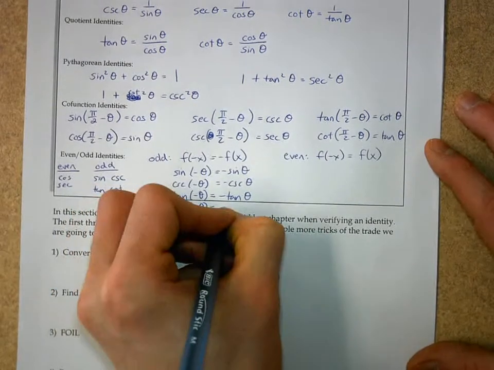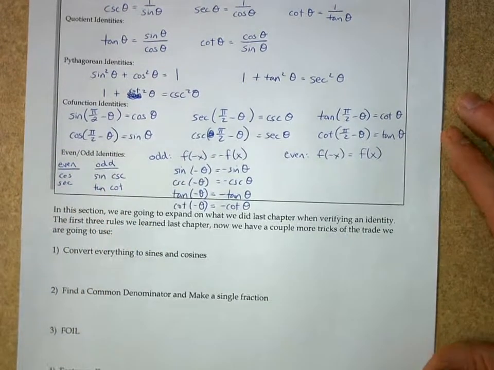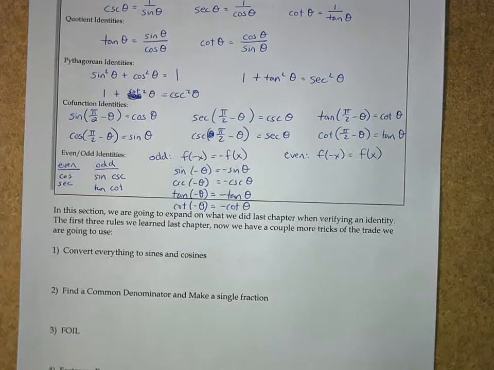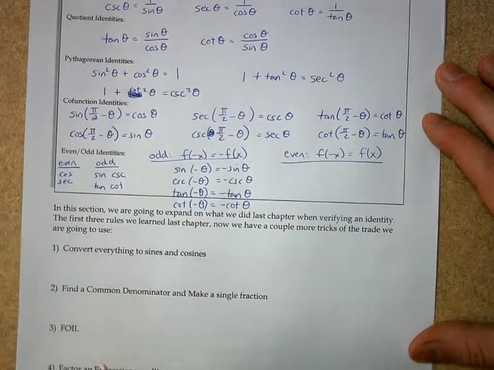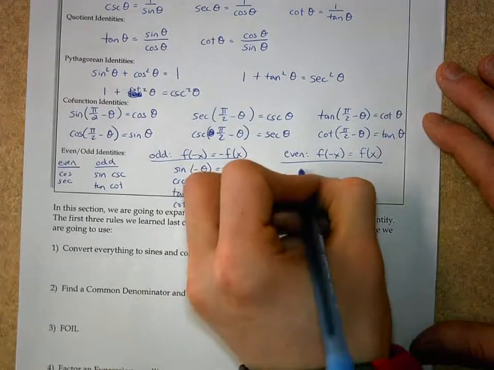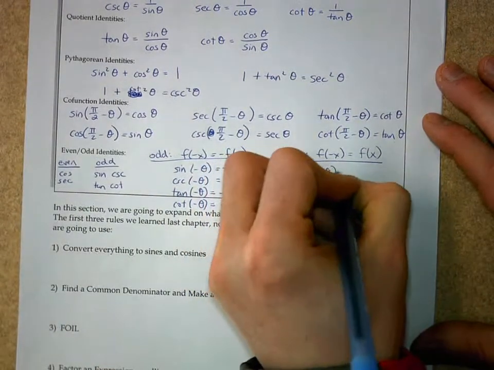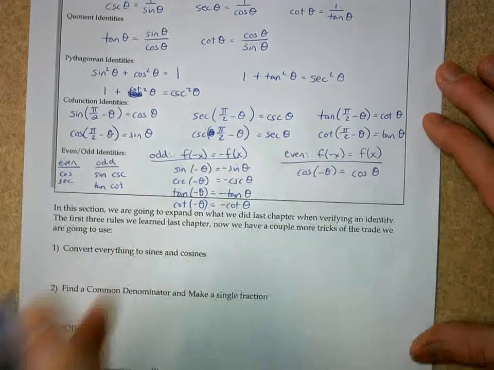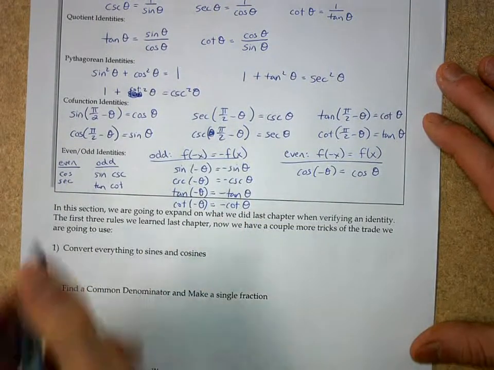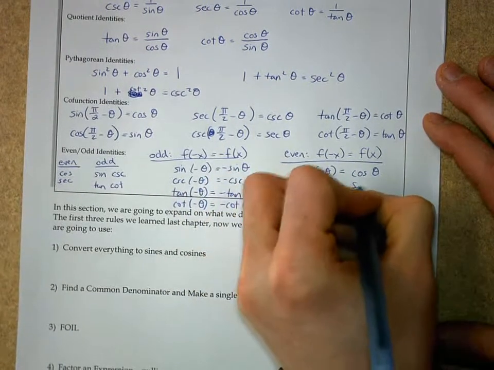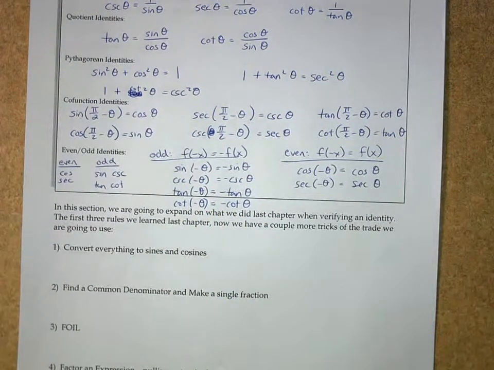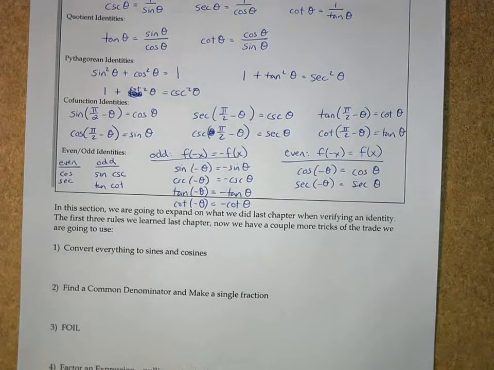And the cotangent of negative theta is negative cotangent theta. So that negative sign just comes out in front. With my even functions, the negative sign goes away. So the cosine of negative theta is the same thing as the cosine of theta. And my other even function was secant, so the secant of negative theta was equal to the secant of theta.